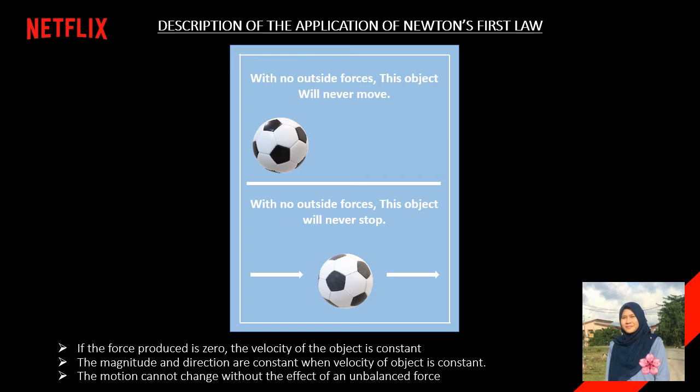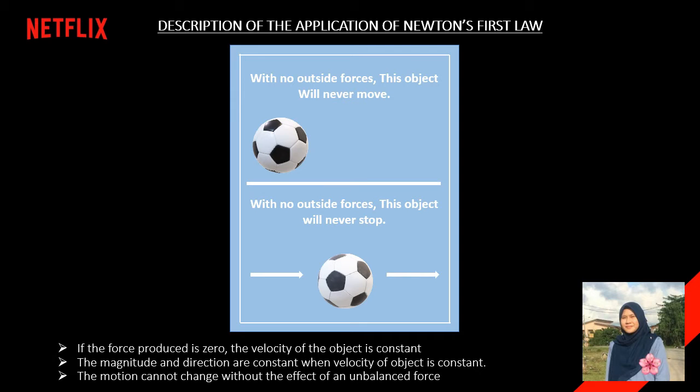Next, the description of the application of Newton's first law. The motion cannot change or decrease without the effect of an unbalanced force. If nothing happens to you, you will not go anywhere. If you are heading in a certain direction, unless something happens to you, you will always go there forever.